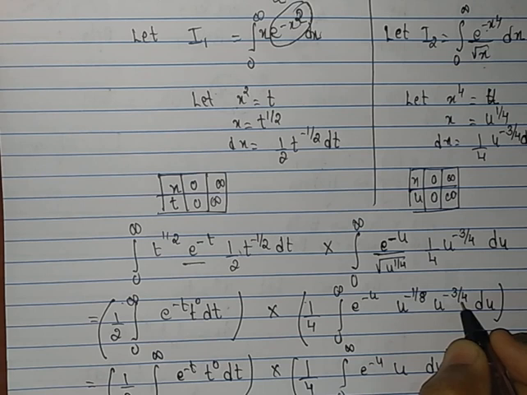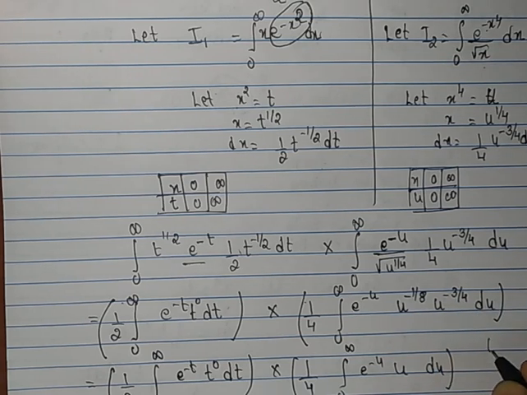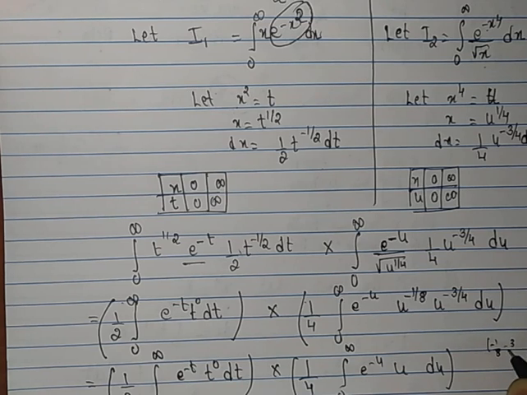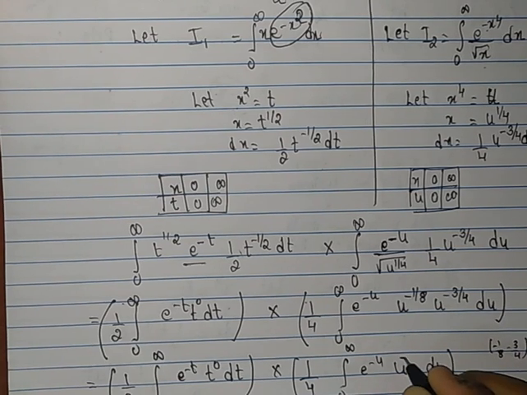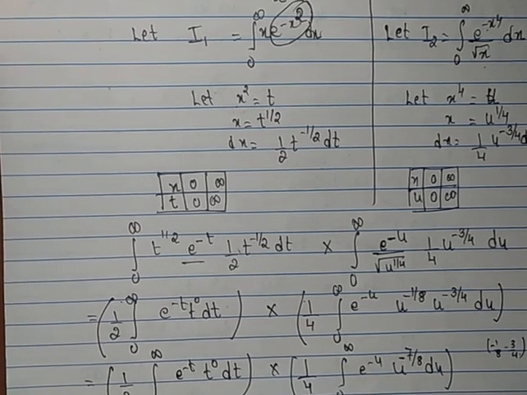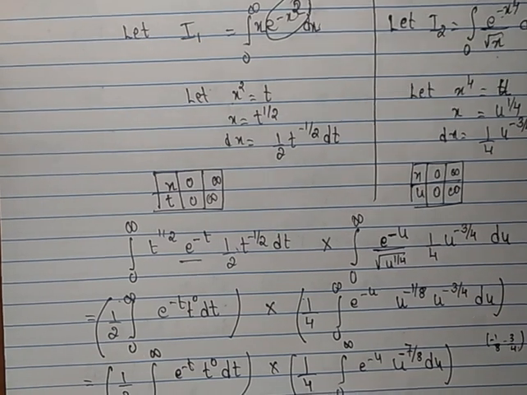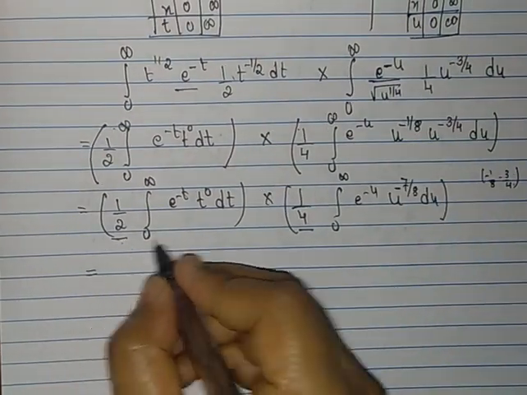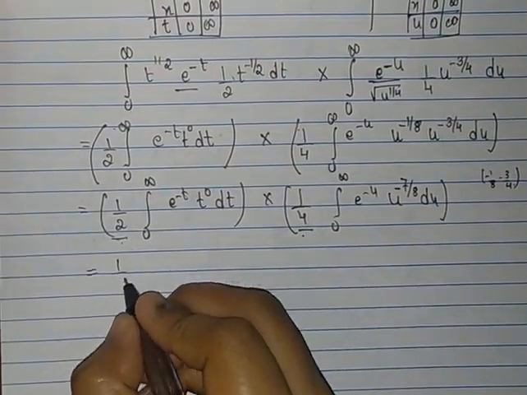Minus 1 by 8 and minus 3 by 4 gives me, doing the calculation, minus 1 by 8 minus 3 by 4, taking minus common, multiplied by 2 over 8, this gives me minus 7 by 8. The 1 by 2 here gives me 1 by 2, and 1 by 4 here gives me 1 by 8.